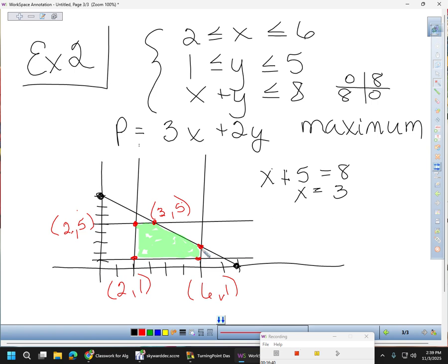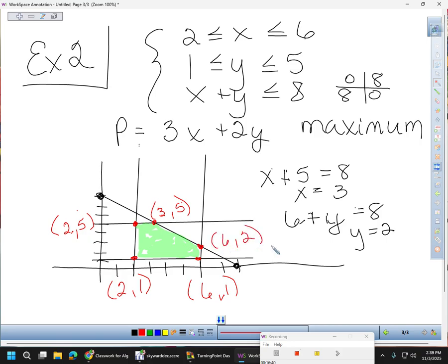In this one, x equals 6. So again, I'm going to plug it in this equation. I get 6 plus y equals 8. Y equals 2. So this point over here, the vertex is at 6, 2.